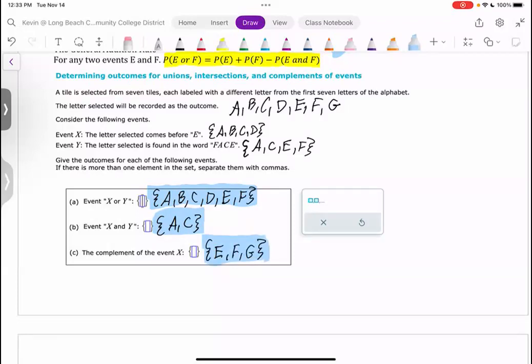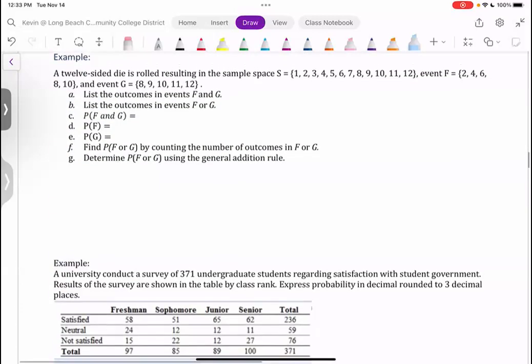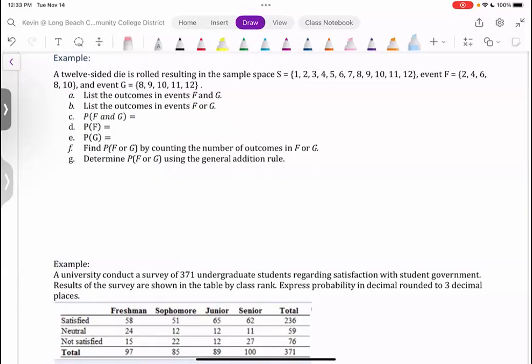All right, moving on. If a 12-sided die is rolled resulting in a sample space of 1 through 12, event F is 2, 4, 6, 8, 10. Event G is 8, 9, 10, 11, and 12.